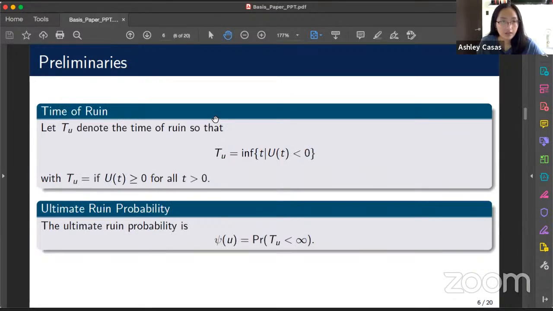Next, let T sub u denote the time of ruin, so that T sub u is equal to the infimum value of t such that capital U of t is less than 0. And then the ultimate ruin probability is defined as psi of u equal to the probability that T sub u is less than infinity.